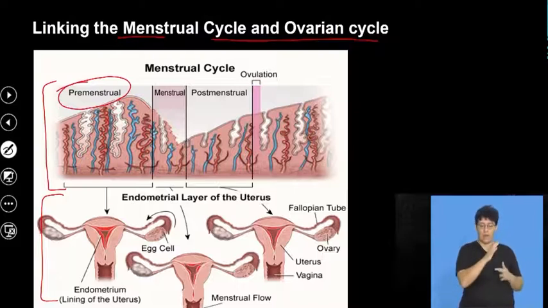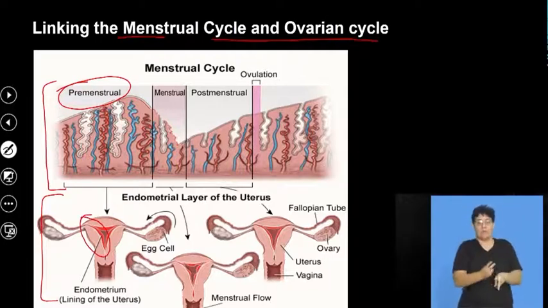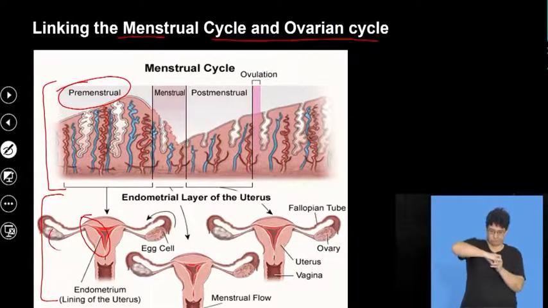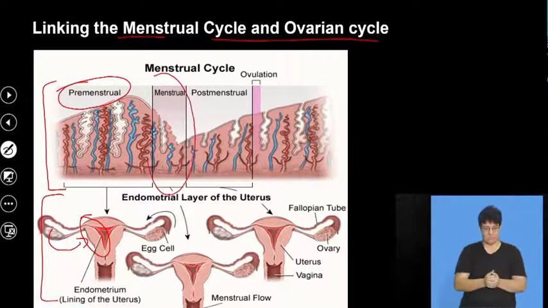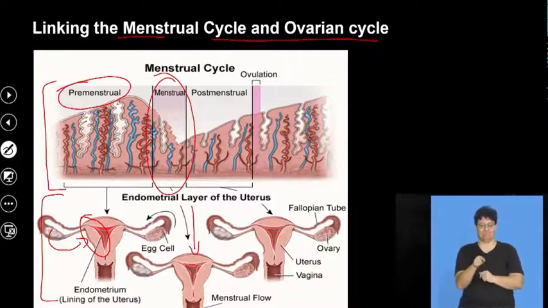So we call that the premenstrual cycle, and this is when the lining of the endometrium is prepared for implantation. We know that the ovary releases a hormone called estrogen, and that estrogen helps to thicken the lining of the endometrium. During the menstrual phase, we know that this is the phase when the level of progesterone radically decreases, and we say that the lining of the endometrium is now shredded away.